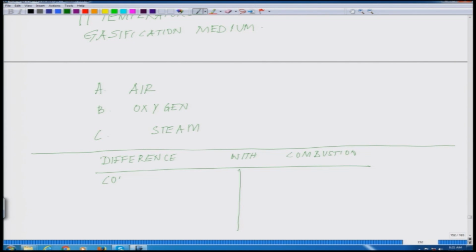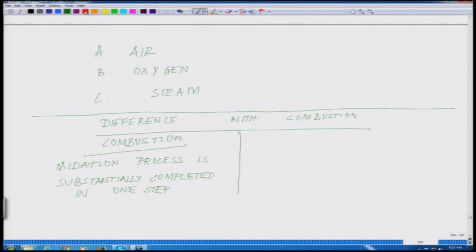Combustion is a process, an oxidation process where you are burning biomass, which is substantially completed in one step. So, remember this thing, it is completed in a single step process. Let me highlight this part, it is a single step.